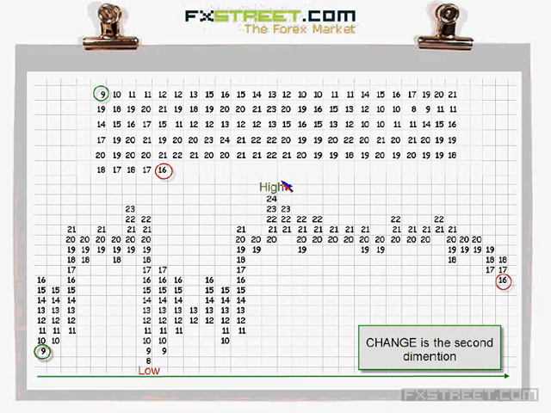You will see some authors saying that a point and figure chart has only one dimension, but the fact is that it is still two-dimensional, and the second dimension here is the change. Every time there is a change, the chart moves one column to the right. So we could say that change is the second dimension in point and figure charts.